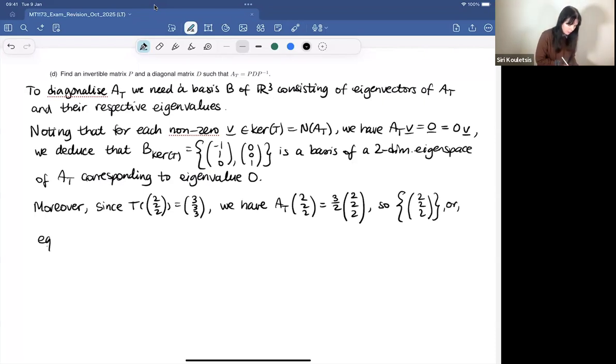So either the set 2, 2, 2 or equivalently 1, 1, 1 is a basis of a one-dimensional eigenspace of AT corresponding to eigenvalue 3 over 2.